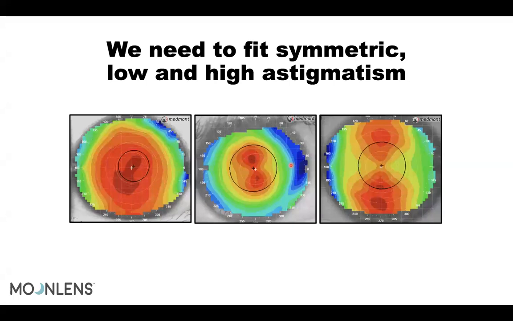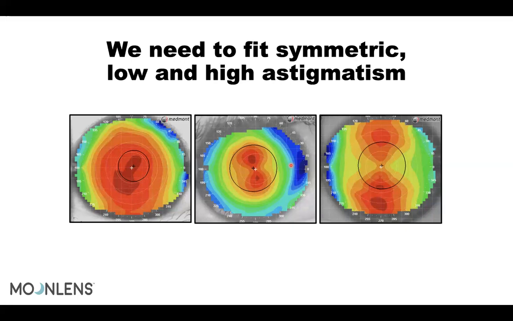I have seen, and I'm not doing research on that, but I have seen many of my patients with somewhere around 25 to 30 microns that it goes really well with a toric design instead of a symmetric design.